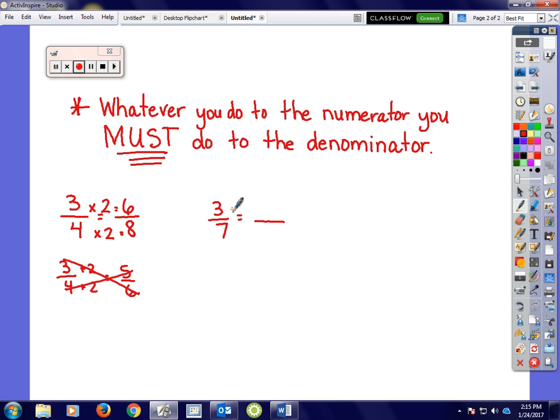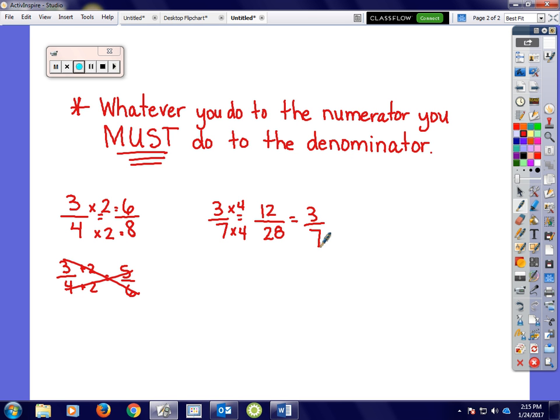So let's say I want to multiply them both by 4. So 3 times 4 is 12. 7 times 4 is 28. Well, that means 12/28ths is equivalent to 3/7. Those two are equal fractions.